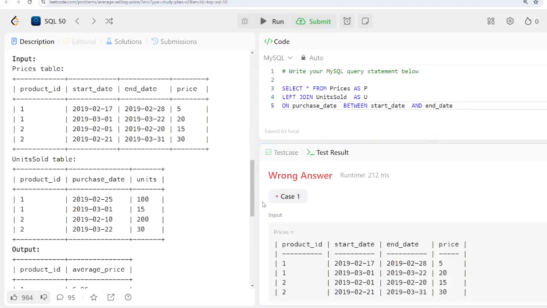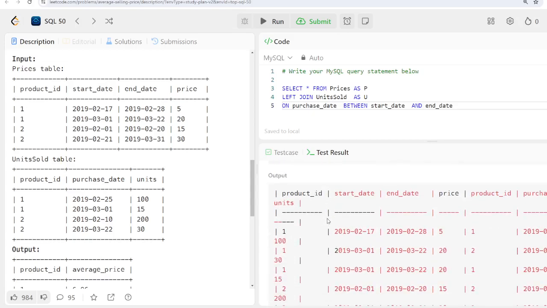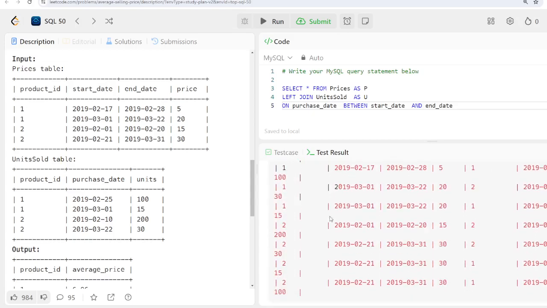All right, but there is one problem. Now if I do this condition, then for this product ID 2, this purchase date was on 10th of February, right? So 10th of February will lie in this one, right? So this will join with this also. So the second condition we should give is that the product ID should also be the same. As you can see, in the output we are getting so many rows.